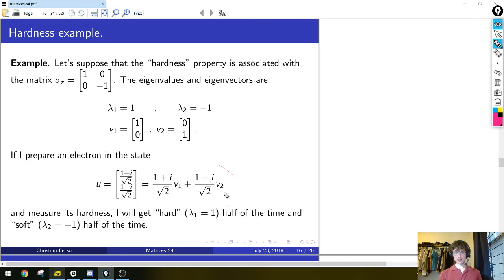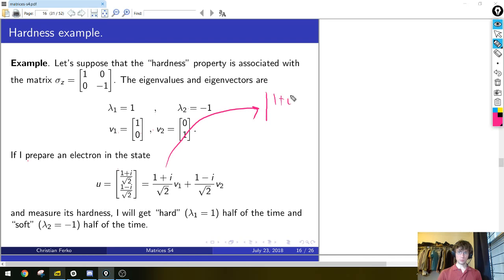Now, using the postulate that tells you about measurement, if I measure hardness, I'm supposed to get either lambda 1 or lambda 2 with probabilities that are proportional to the coefficients in front of those two eigenvectors, or the absolute values, I guess. So how do we compute these probabilities? Well, you have to remember how to take the absolute value of a complex number.